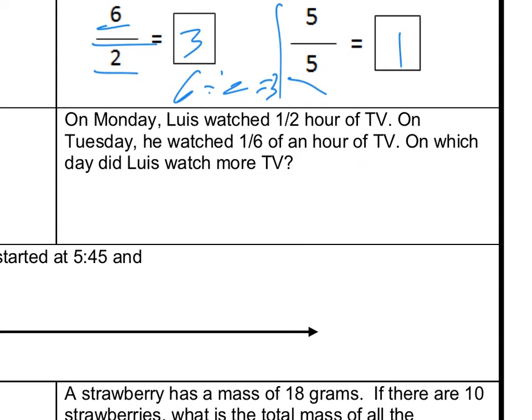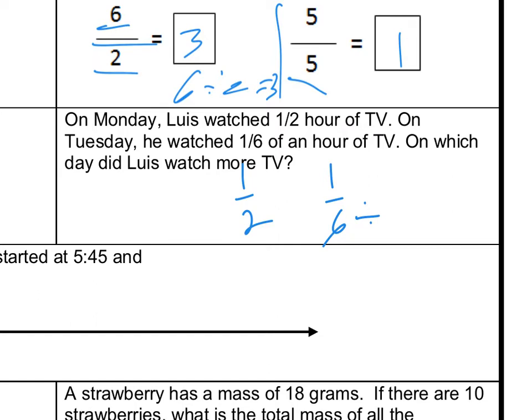So here's our next question. On Monday, Lewis watched half of an hour of TV. On Tuesday, he watches 1/6 of an hour of TV. On which day did Lewis watch more TV? So you're going to write 1/2 and 1/6. You're going to compare those numbers. So we're going to simplify the fractions. Both of these numbers can have the number 2 go into them, but we're just doing the denominators.